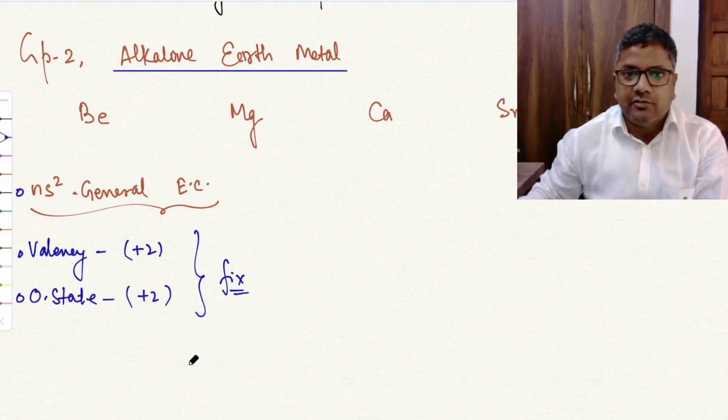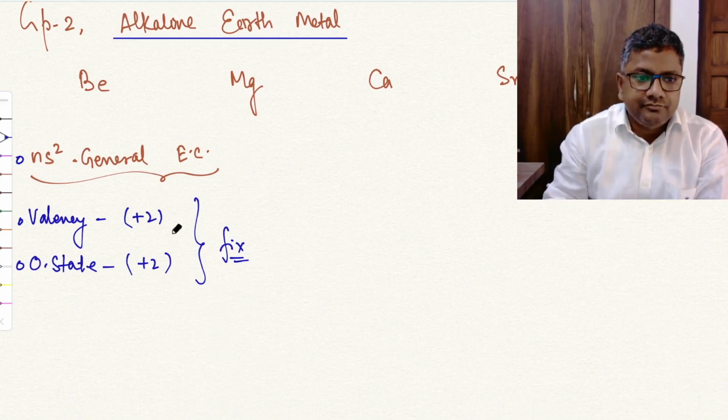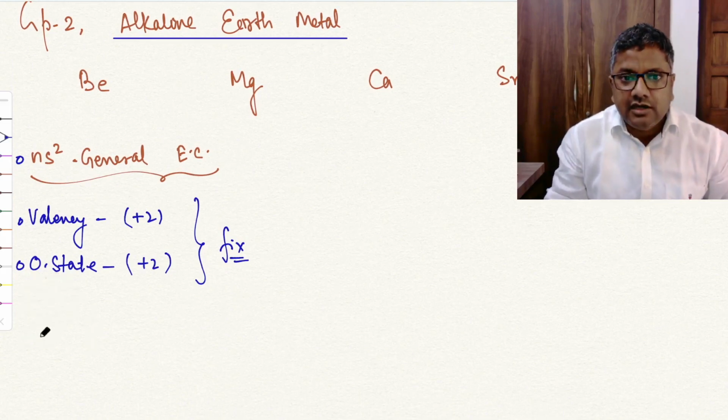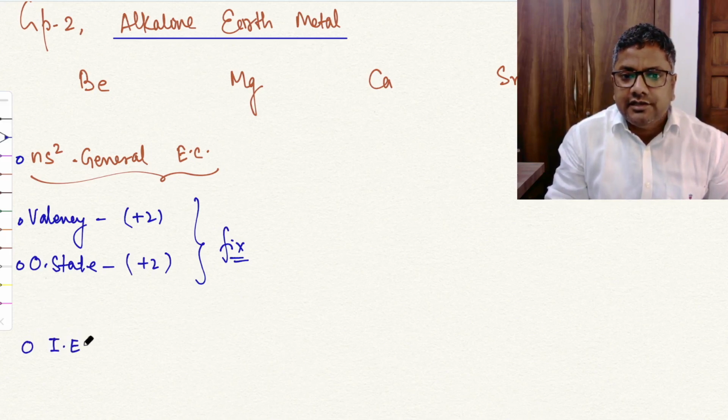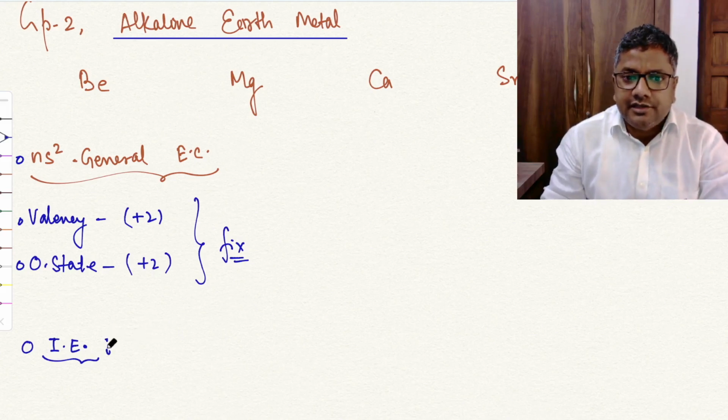Now the next property I'm taking here is ionization energy, an important property. Ionization energy has a very regular pattern, and it decreases down the group.